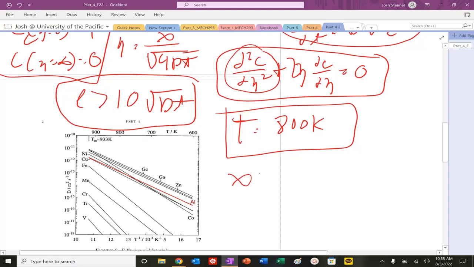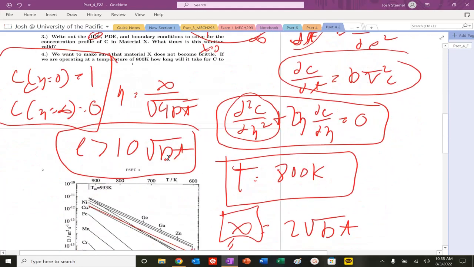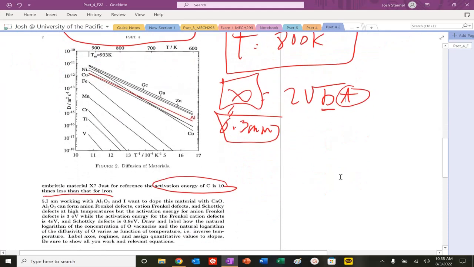If we're making sure the penetration depth doesn't go beyond a certain depth, we said that x equals 2 square root of Dt. So I know my x has to be 0.3 micrometers. I need to figure out the time, and I need to figure out D, the diffusivity.